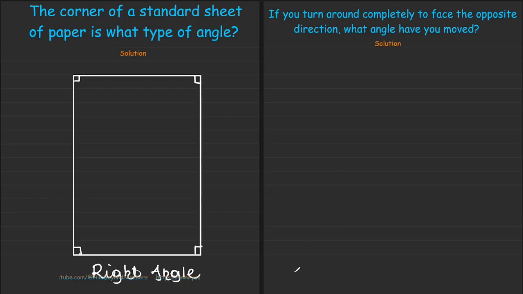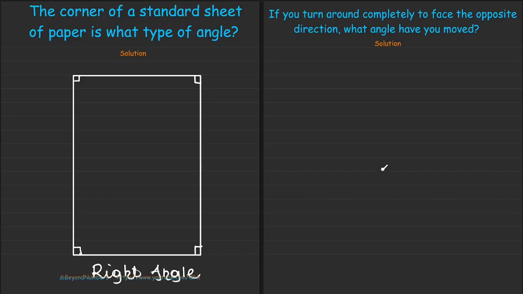So let's consider our last question, which says, if you turn around completely to face the opposite direction, what angle have you moved? So I'm going to illustrate that with some lines so that it helps us get our solution.